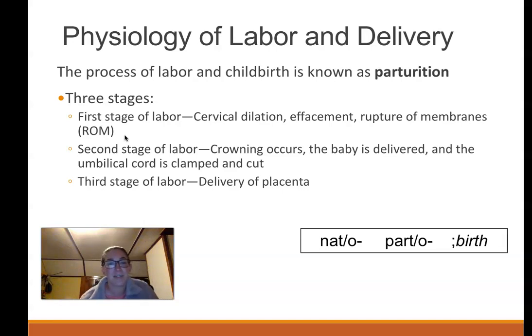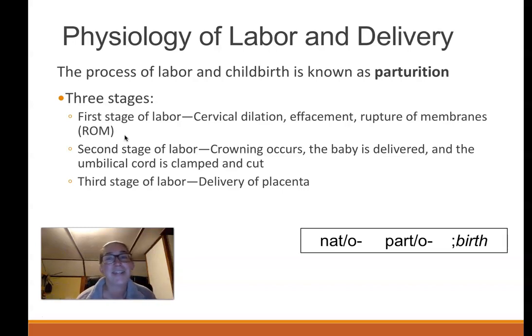The second stage of labor is usually relatively shorter. It can still be a couple of hours. There are still people who go through 2 or 3 hours of pushing to get the baby out. And then the baby's delivered, and the umbilical cord is clamped and cut. That's the second stage of labor.